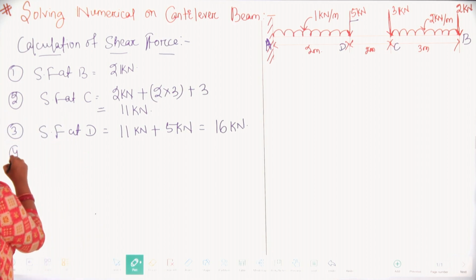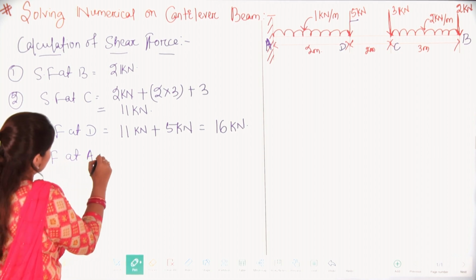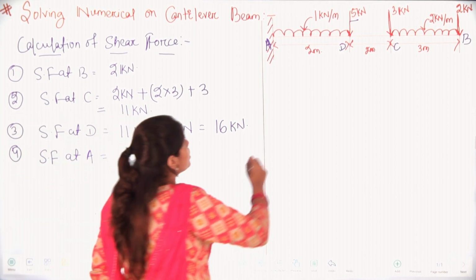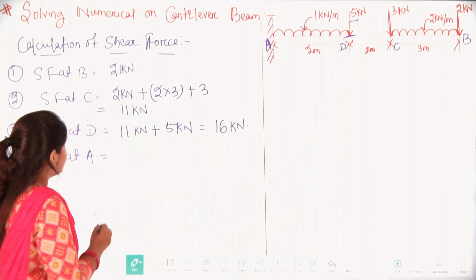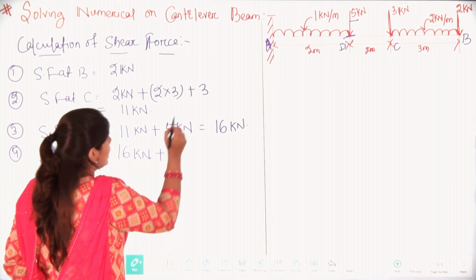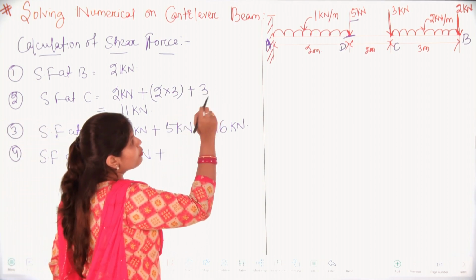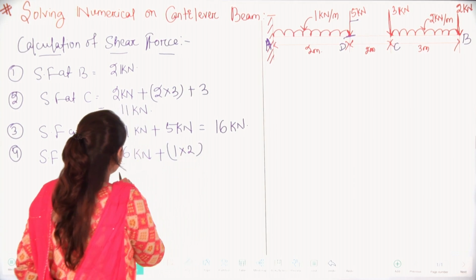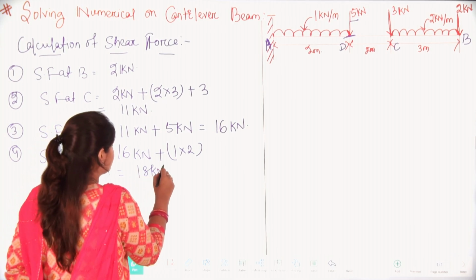Next is the shear force at A. Similarly, we have shear force up to point D, so 16 kilonewton will be added with the UDL of 1 kilonewton per meter over 2 meter. So 1 into 2, this will be 16 plus 2, that is 18 kilonewton of load.